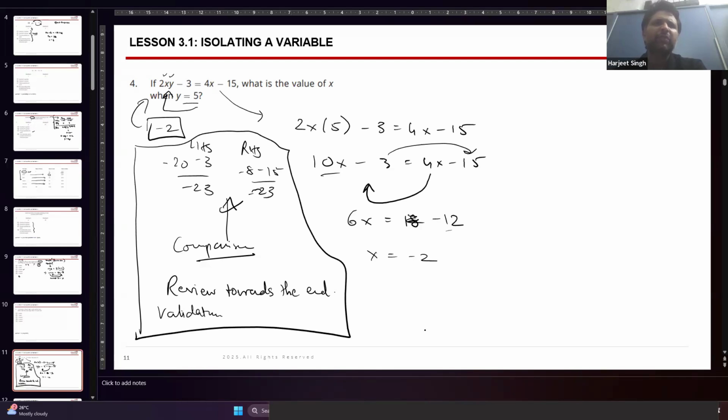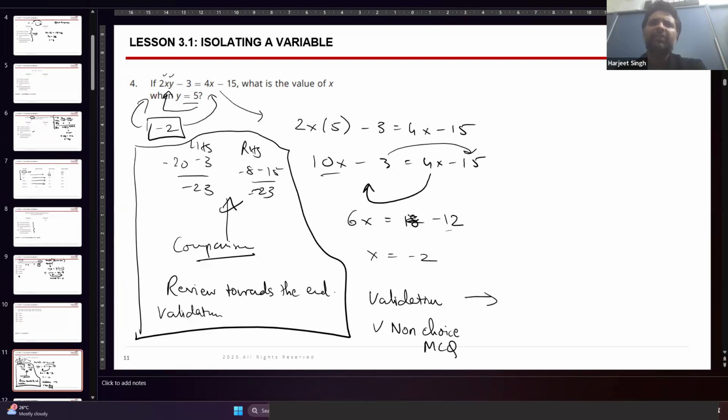Validation should be done for those questions which do not have choices, where you need to go back and check again if you've done it right or not. So plugging your answer back into the equation will validate. The validation process is more important for non-MCQ kinds of questions.